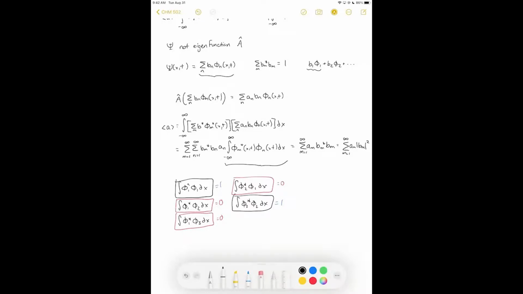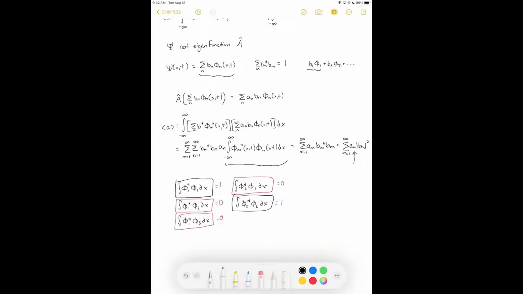So what is this? This tells us that the only values that we're ever going to measure are the eigenvalues of the operator. That goes back to postulate 3. So here we can see the origins of postulate 3.